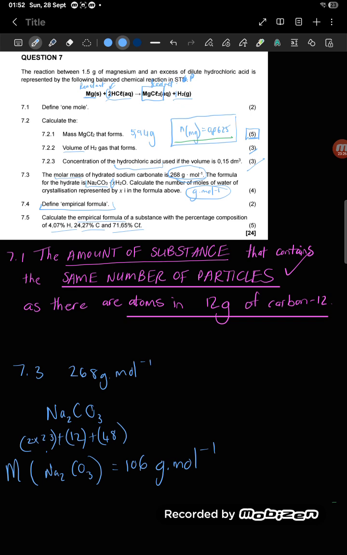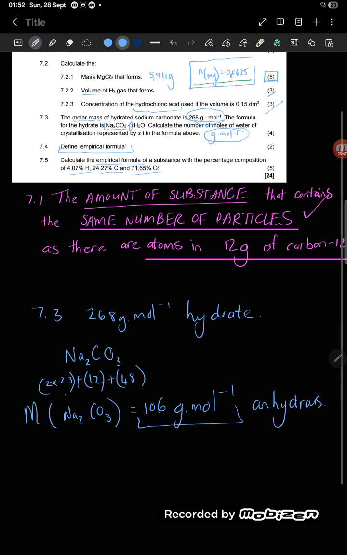Then this is the dry, or the dry version is called anhydrous, and this is the hydrate. So to find my water of crystallization, I'm going to take the hydrate minus the anhydrous.